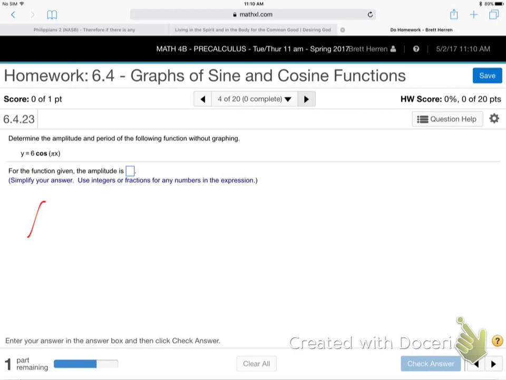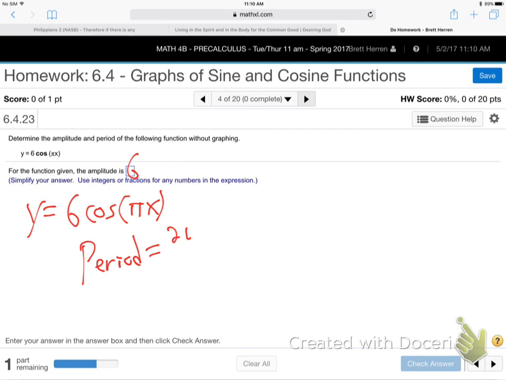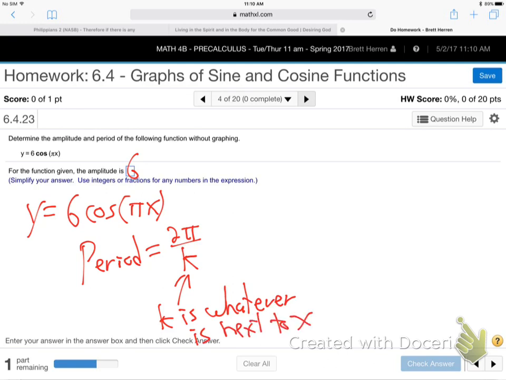So y equals 6 cosine pi x, okay? First off, the amplitude. What's the amplitude? That's just the 6. No big deal there. Now, what's the period? Well, let me give you the formula now. The period for cosine and sine is 2 pi over k, where k is whatever is next to x.